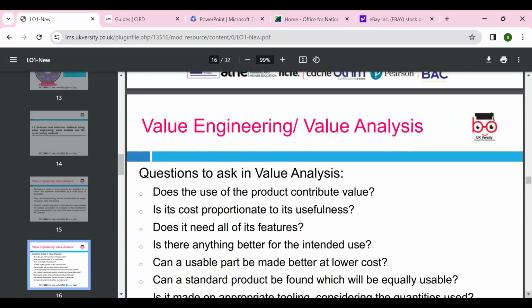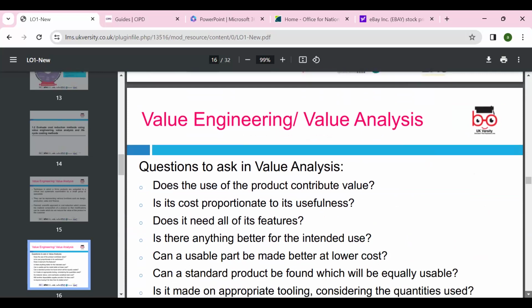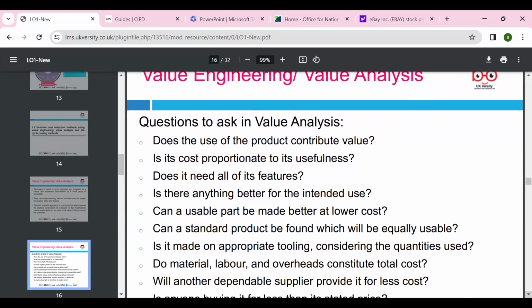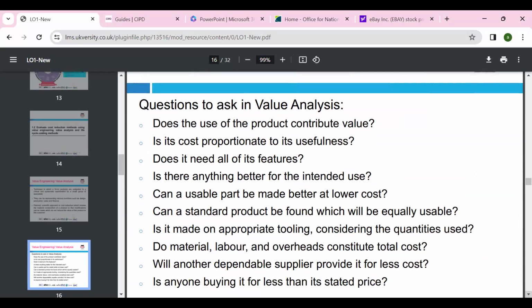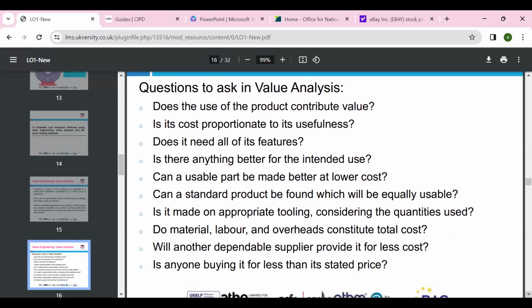Questions to ask: does the use of the product contribute value? Is the cost proportionate to the usefulness? Does it need all its features? Is anything better to use? Can a usable part be made better at a lower cost, and can a standard product be found which will be equally usable, and we can look around the appropriate tooling and considering quantities used.